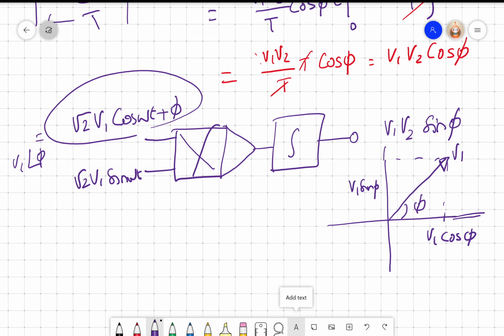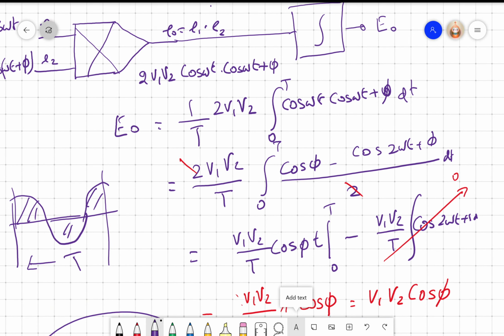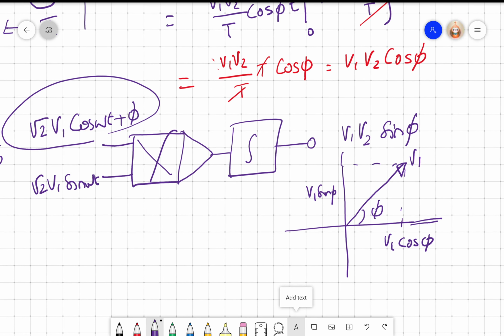So if I look at this PSD, it is giving me E naught as V1 V2 cos phi, right? And if I look at this PSD, it gives me V1 V2 sin phi. Of course, I have not derived it, but you can derive it quite easily. Please derive it.